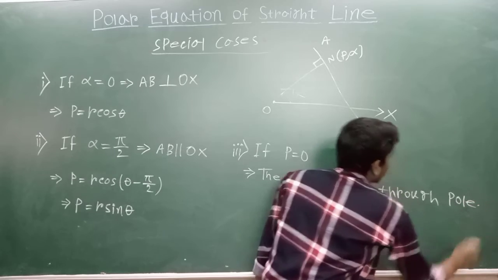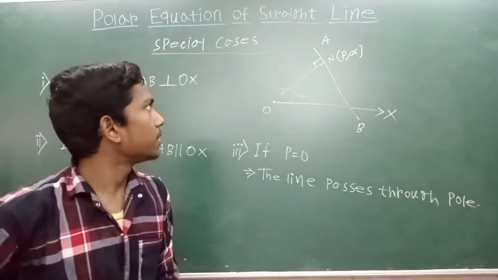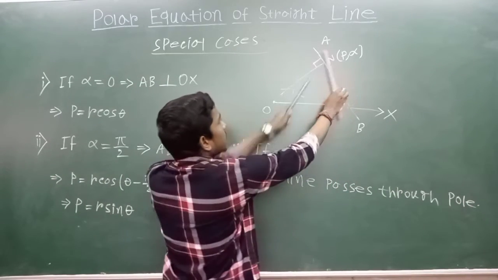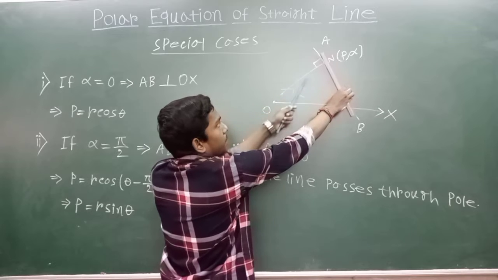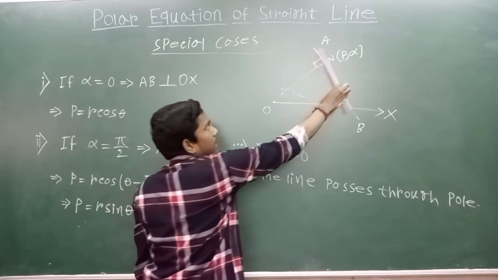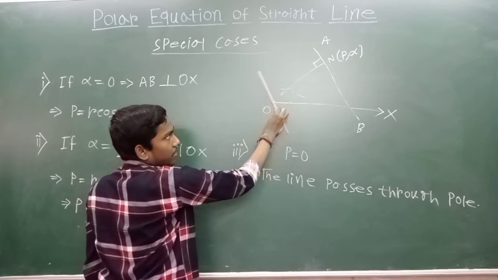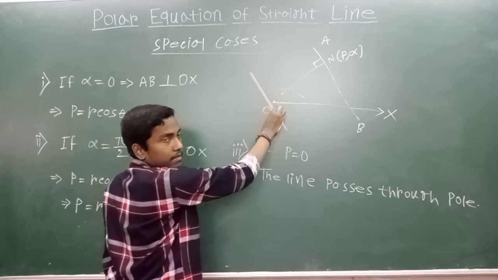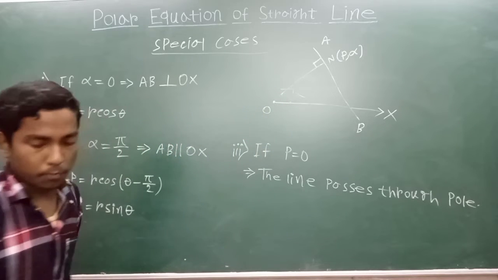Okay, it's very easy. Just see this distance P. This is the distance P, and if this becomes 0, then the straight line will come here. It means the straight line passes through the origin or pole.